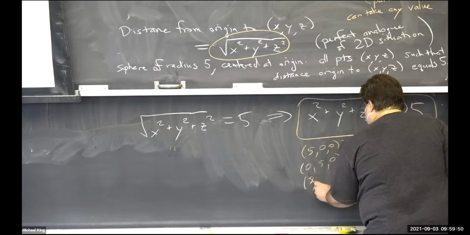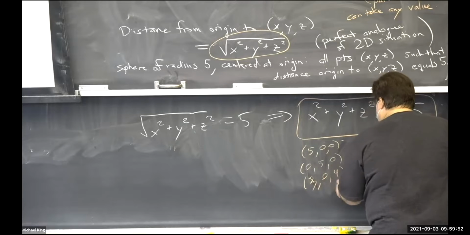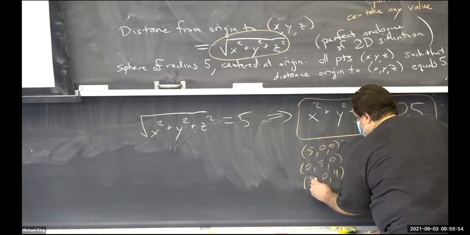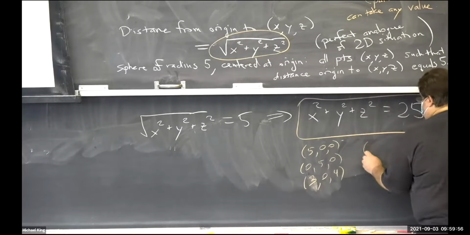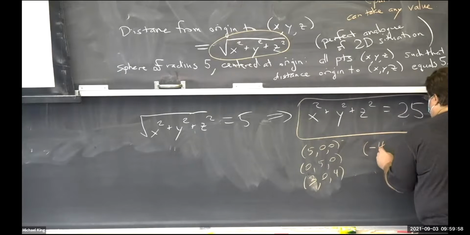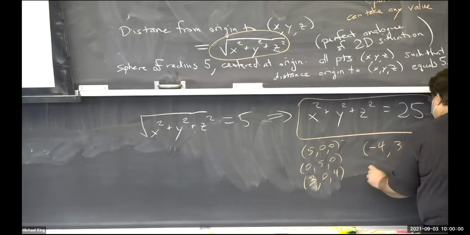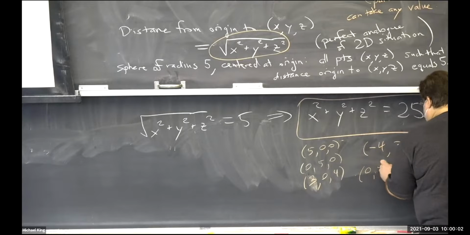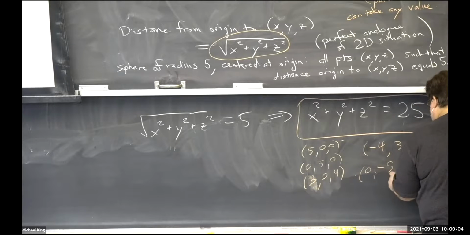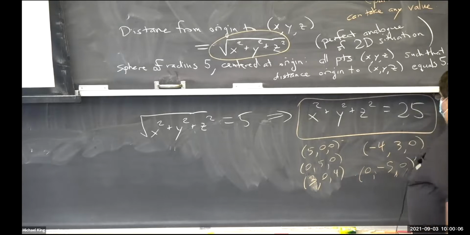You can do Pythagorean triples: 3, 0, 4, that's supposed to be a 3, or -4, 3, 0, or 0, -5, 0. There are all these points that satisfy this. It does make a surface, and you can start to convince yourself that all the points map out a sphere.